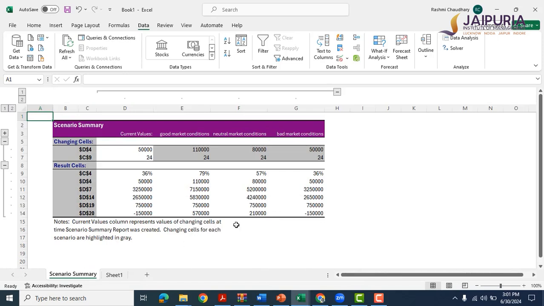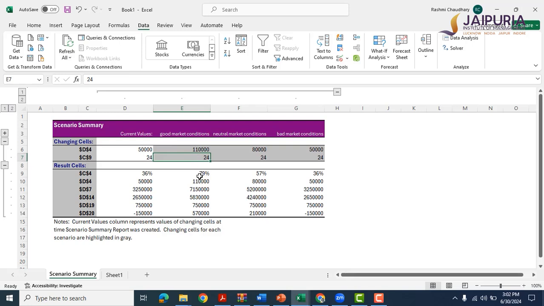So this is the summary chart wherein the current values have been restored, and further the good market conditions, neutral market conditions, and bad market conditions state the values. In good market conditions, you are able to sell 1,10,000 units, and the material price is 24 rupees.